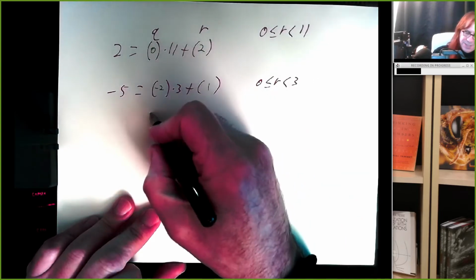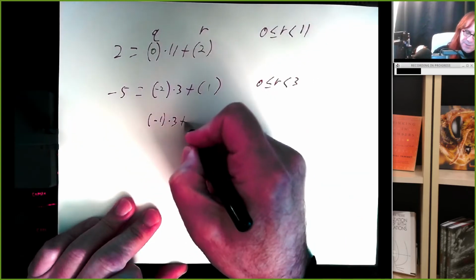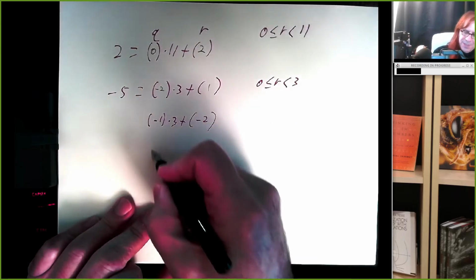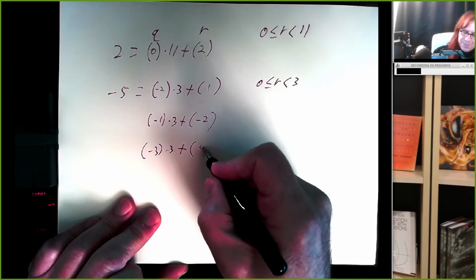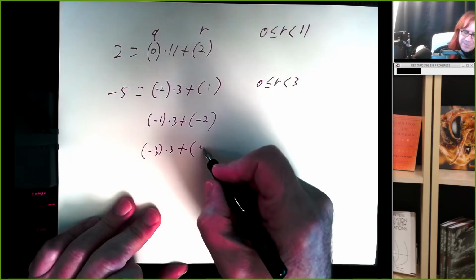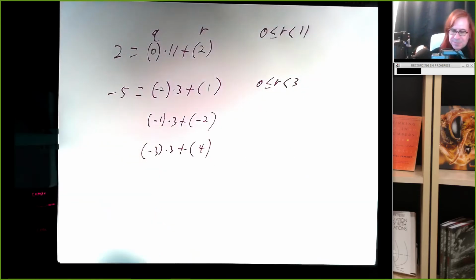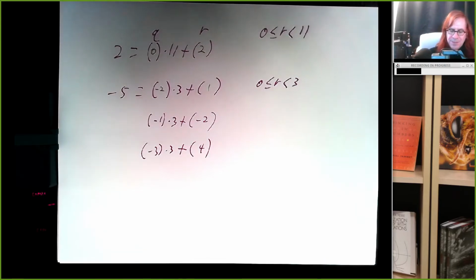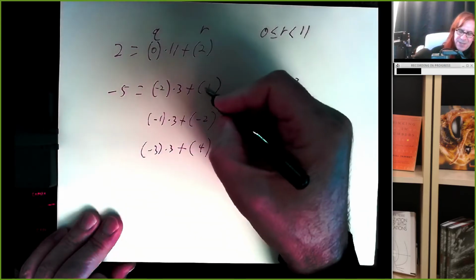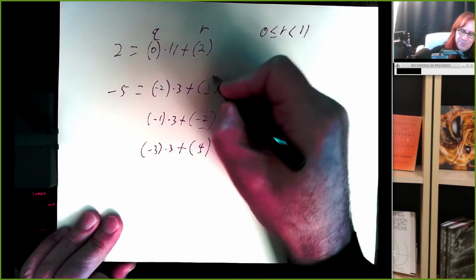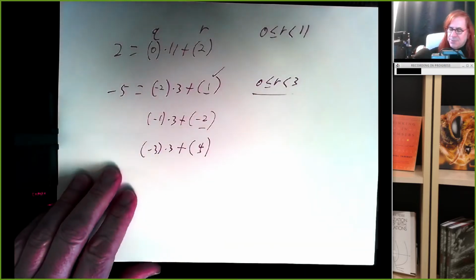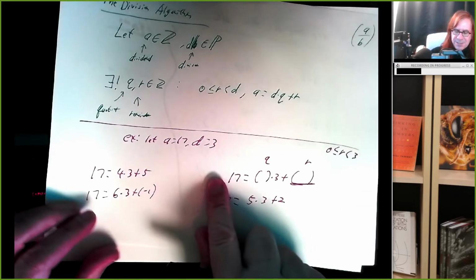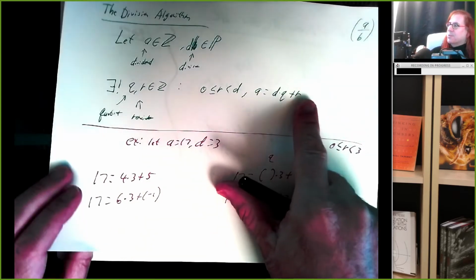I could write this as negative 1 times 3 plus negative 2. I could write it as negative 3 times 3 plus 4. But of all the different ways I can write it, only one of these will satisfy this condition as well. So there's a unique way to write A as a multiple of D plus some remainder.